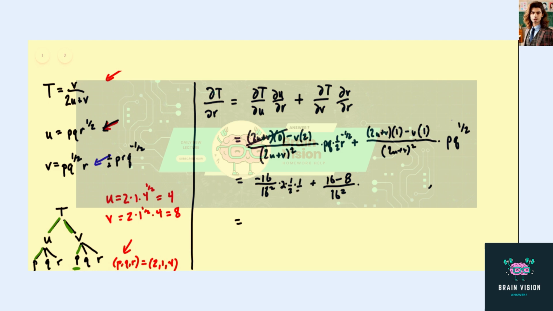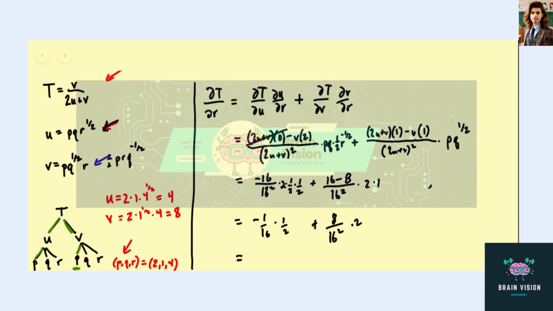So that's 1/2. And then over on the right, P is 2, Q is 1. So that's all we're going to get. And let's see. So we have negative 1/16. 2 times a half is 1 times another 1/2 there. 16 minus 8, of course, is 8. 16 squared times 2.